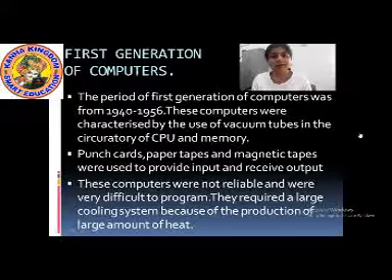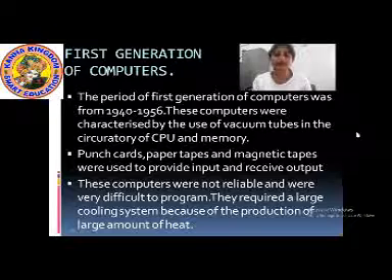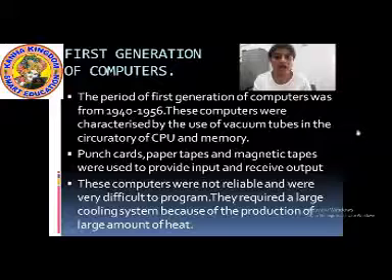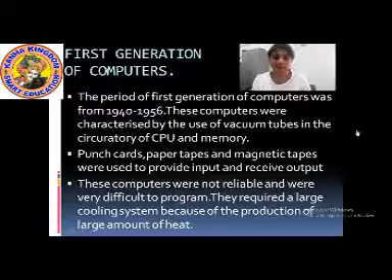Not only a single person could work on this computer, because it was very huge with many different parts. These computers required a large cooling system because they produced a huge amount of heat.